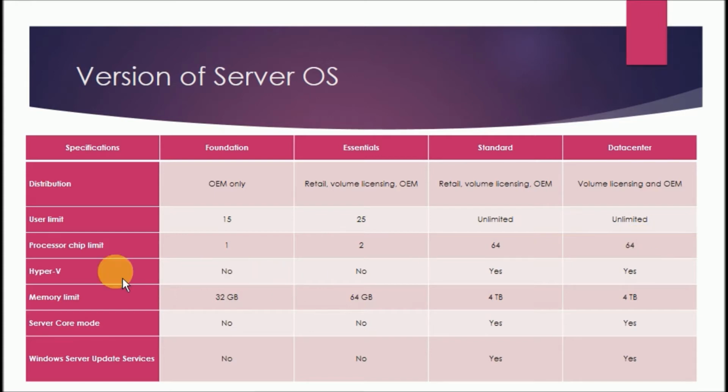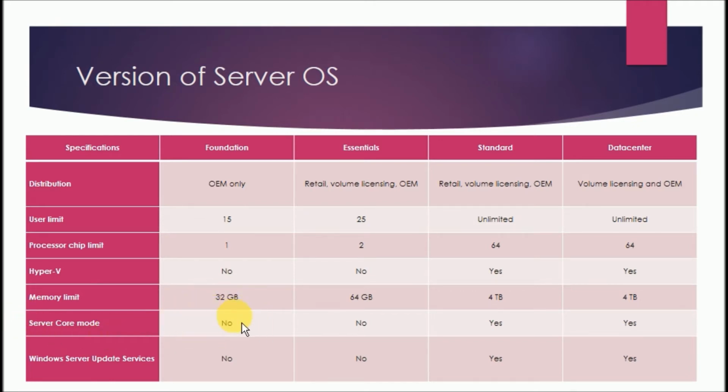Now the next big thing we are going to talk about is Hyper-V, which is the virtualization software for Microsoft Server. If you go for the Foundation or Essentials version, you will not get the Hyper-V feature to use, whereas the Standard and Datacenter versions do have the functionality. Another big thing is the server core mode.